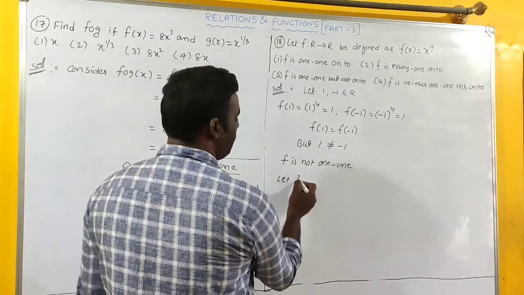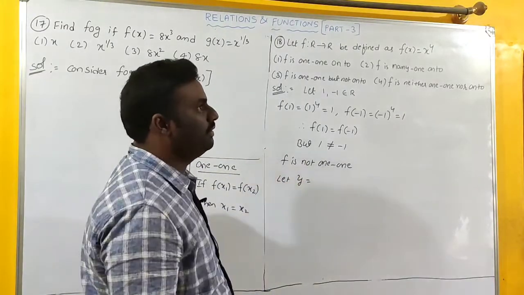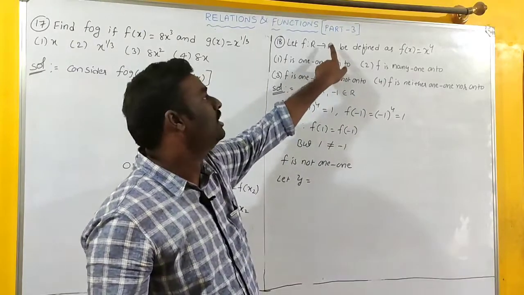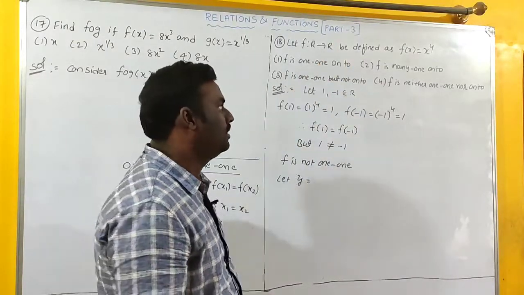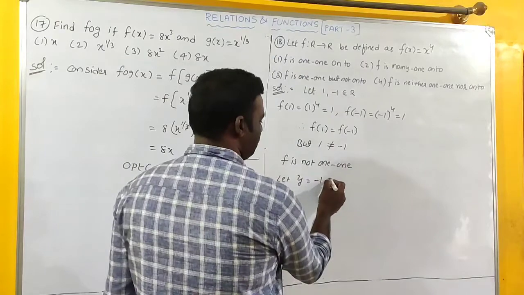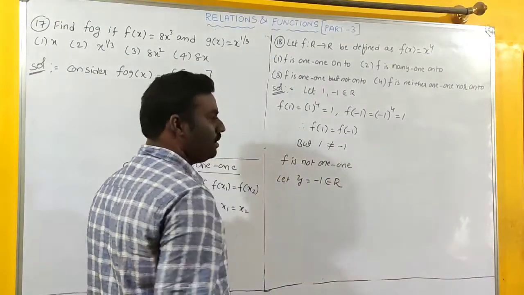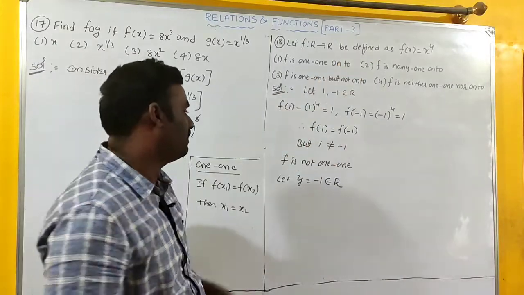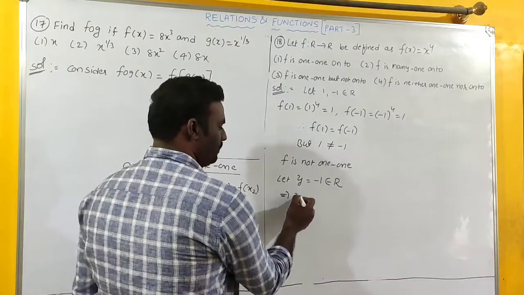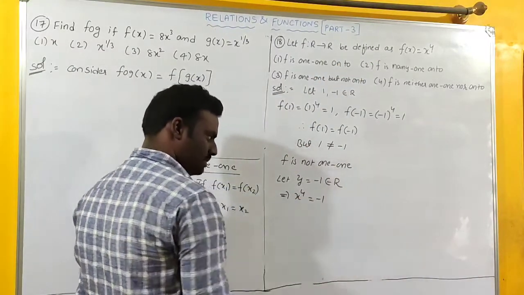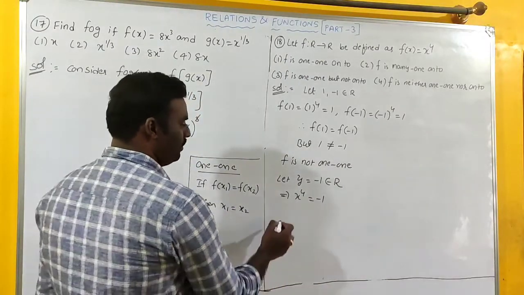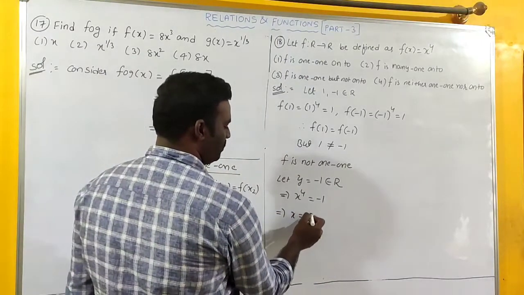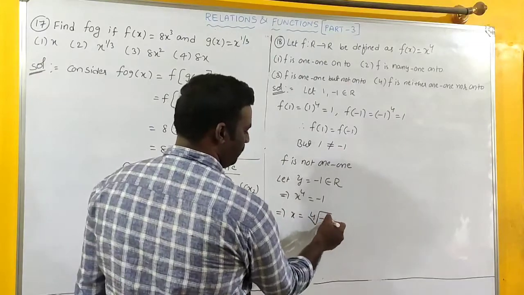Okay, next, coming to onto. Let y be any value in the codomain. What is the codomain here? R. So I am taking minus 1. In place of y, I can substitute the given function, x power 4. That is minus 1. Then we can write x equals the 4th root of minus 1.